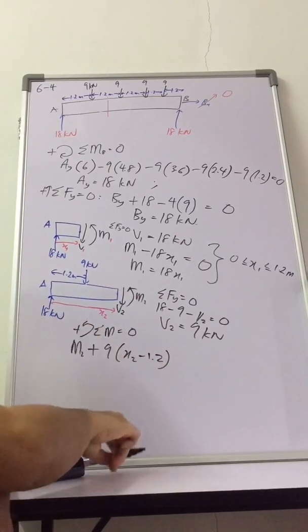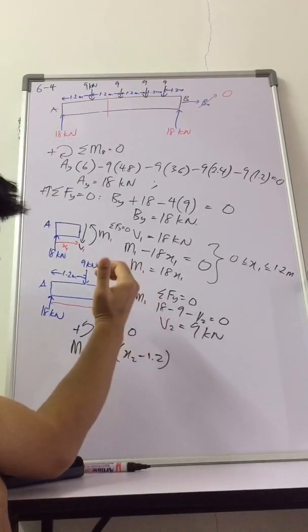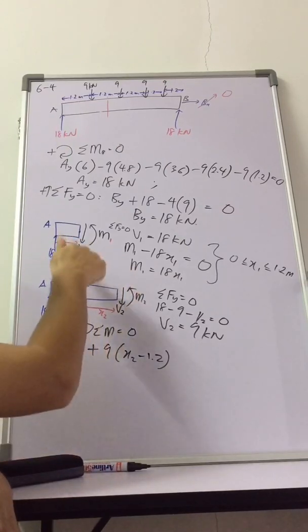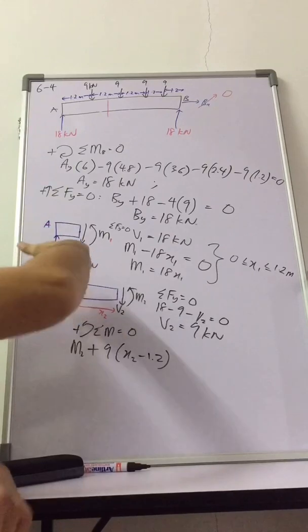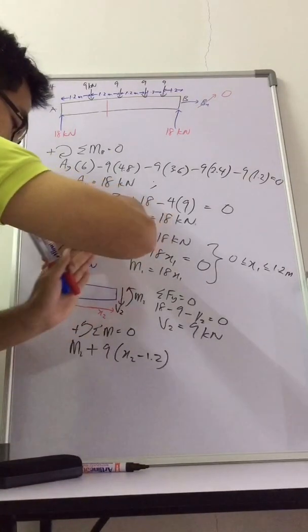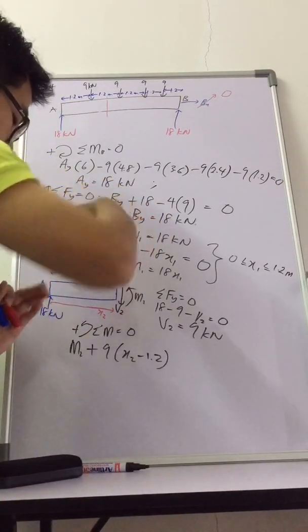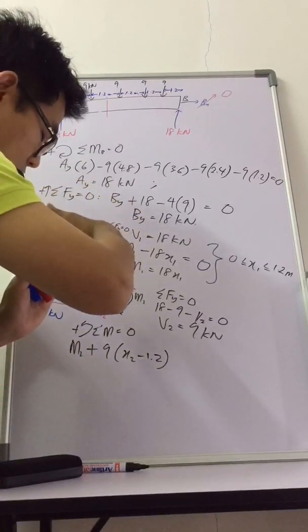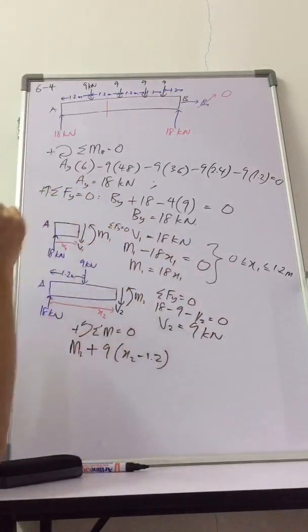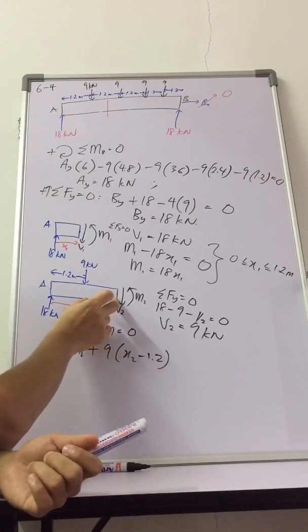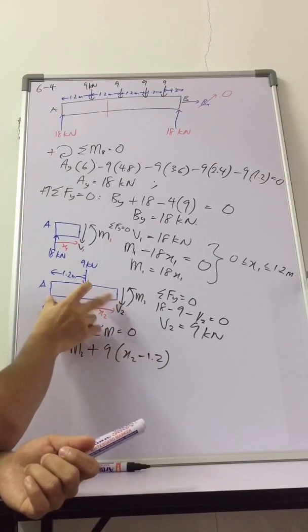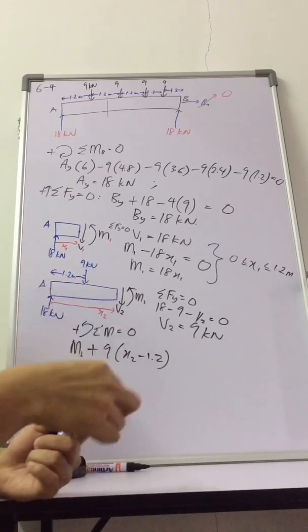What is happening here? M2 is this direction, counterclockwise rotation. Same goes to 9 kilonewton, because if you do this moment, 9 kilonewton, and then this is the arm, okay? So it causes counterclockwise rotation, same as M2 here. That's why it's plus here, and the arm is this, which is X2 minus 1.2, isn't it?